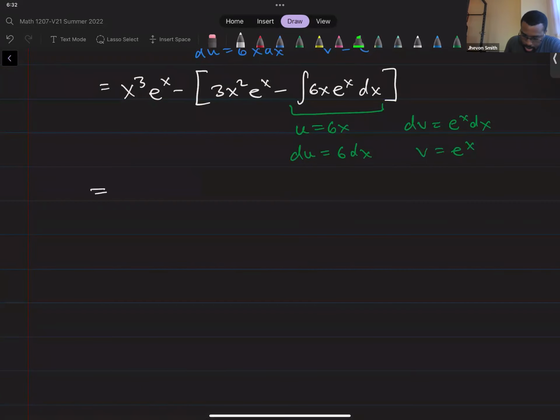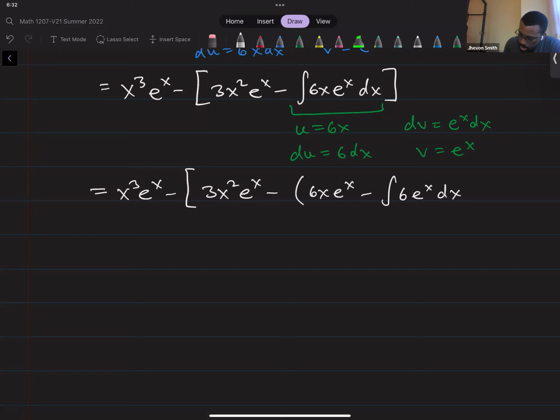I'm going to plug that in. u times v minus the integral of v du. And now this one is something that we can just use a basic rule for.